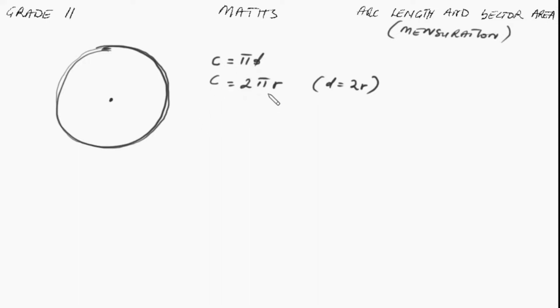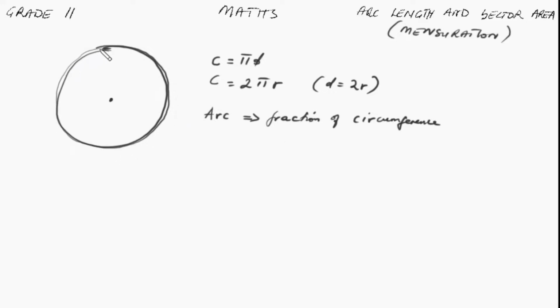But when we talk of the arc, it is a fraction of the circumference. That means it's just part of a circumference. Circumference is the complete journey around a circle.